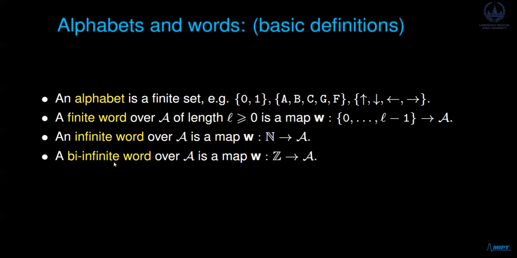Lastly, we have bi-infinite words, which are maps from the set of all integers Z to A. This means a word extended infinitely in both directions, both positive and negative, like a two-sided infinite tape of symbols.